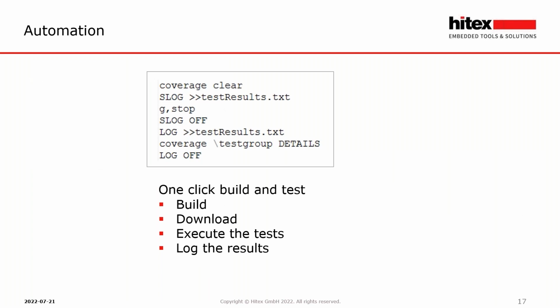Now, within the tool, rather than having to do the build, start the debugger, run the test cases each time and log off the results, we can add some simple scripts that will automate MicroVision, so that through one button click, it will automatically do a build, download into the debugger, execute the tests, and log the results.